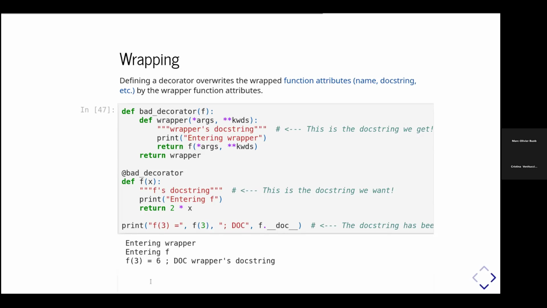Here, I would expect to see f's docstring. Unfortunately, I see something else, and actually this is the docstring of the wrapper. So I'm quite unhappy. This means that the __doc__ is not pointing to the right docstring. So how to address this problem?